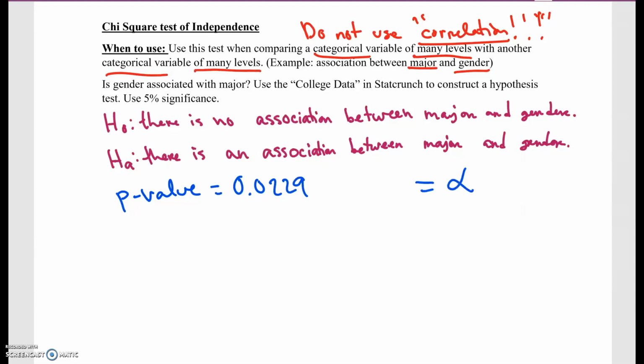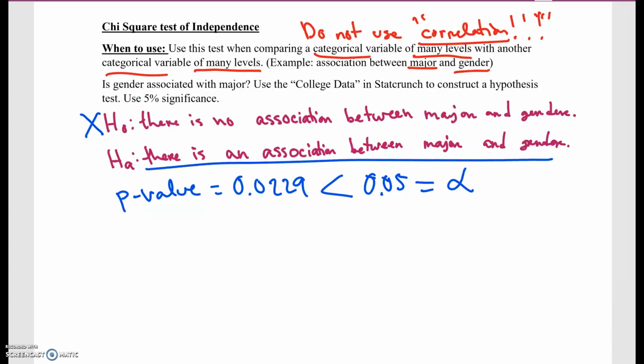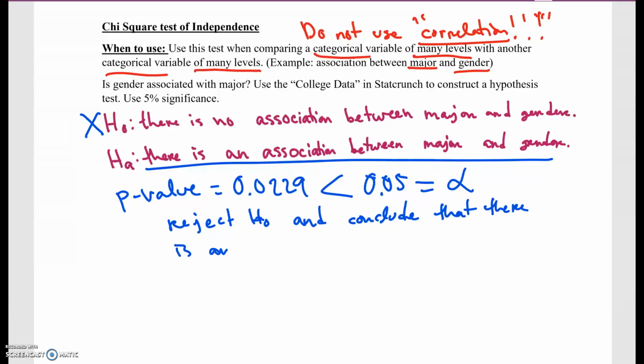Our alpha value in this case is 0.05. We can see that our p-value is lower, so we can reject H0 and conclude that there is an association between major and gender.